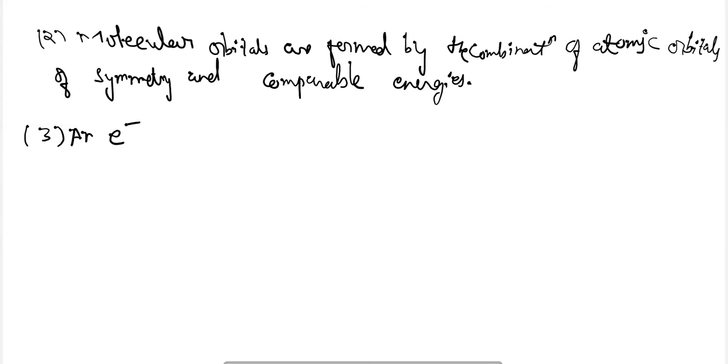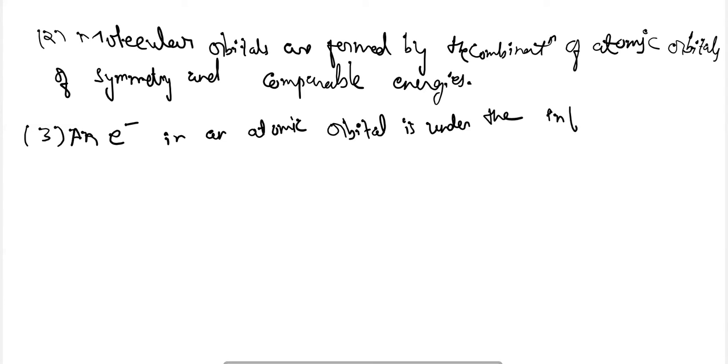Next, an electron in an atomic orbital is under the influence of one nucleus only.